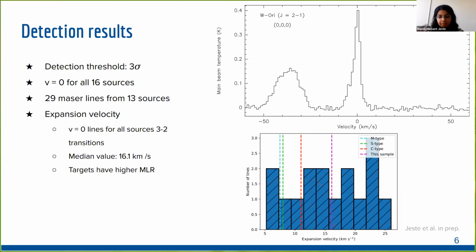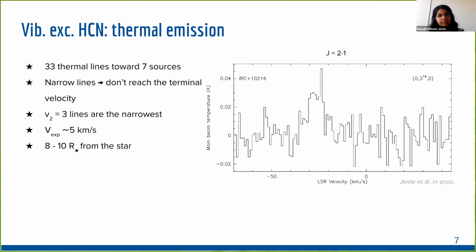To get more into understanding these vibrationally excited lines, we can discuss a bit the thermal emission of HCN. We detected 33 thermal lines towards 7 of our sources. These lines have a quite narrow line width, and they don't reach the terminal velocity.